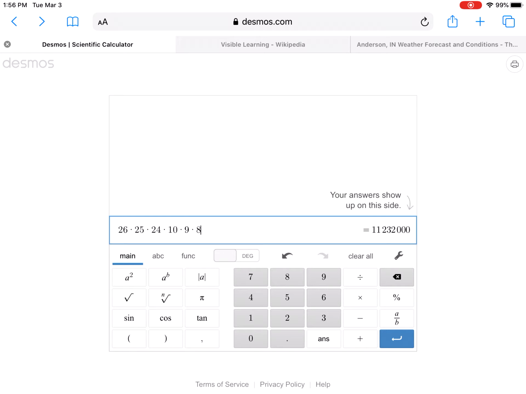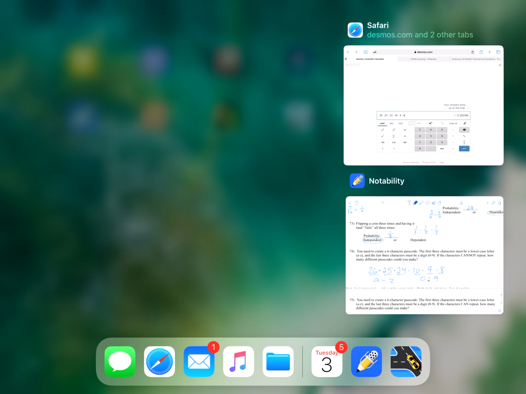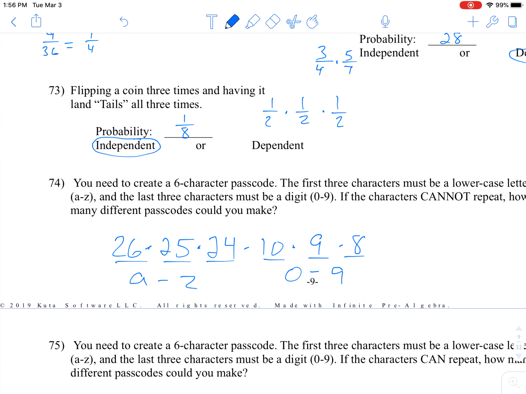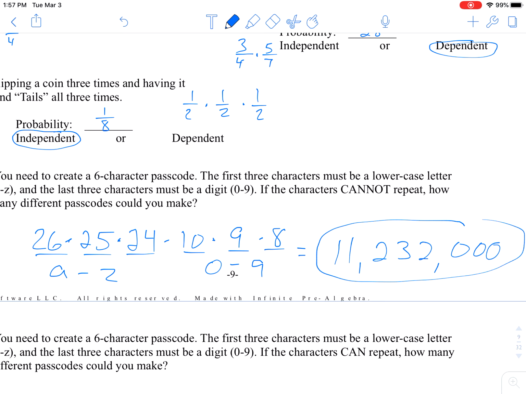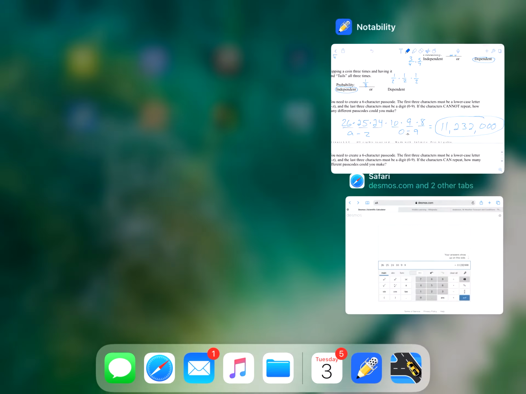And so there are 11,232,000 different combinations you can make. So this is going to be equal to 11,232,000, and this is how many different combinations you can make.